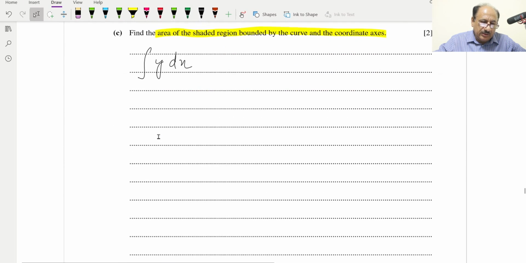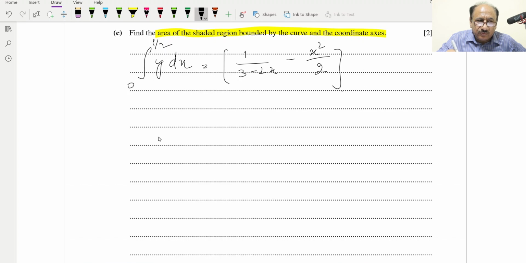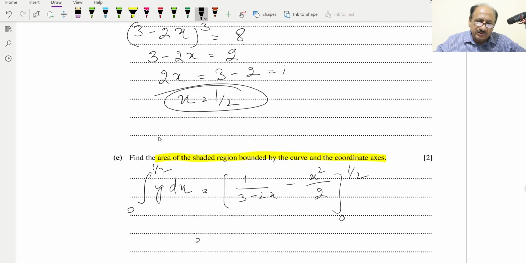So we can write here 0 to 1 by 2, and this will be equal to 1 over (3 minus 2x) minus 1 over 2x squared. This is the integral value which we have already calculated. I'm taking that value, from 0 to 1 by 2. Now we just have to replace the limits.